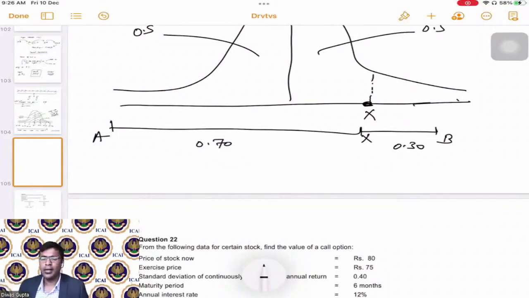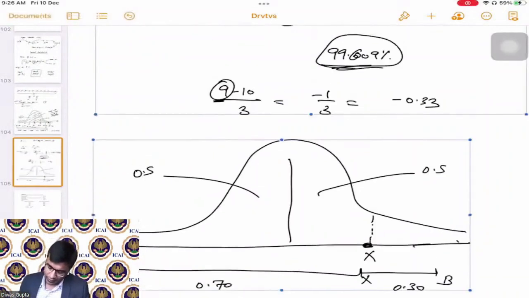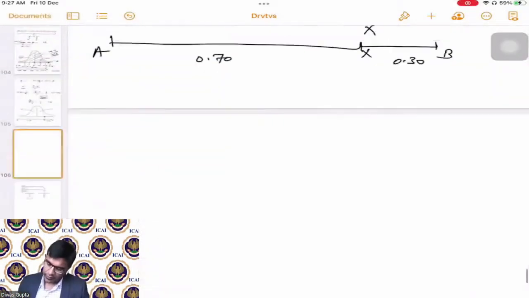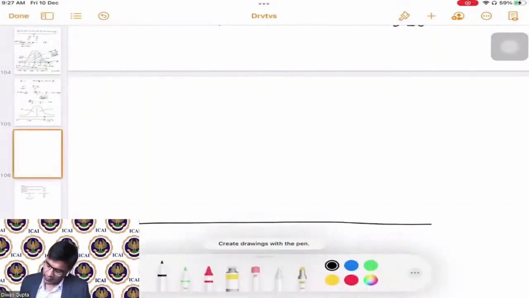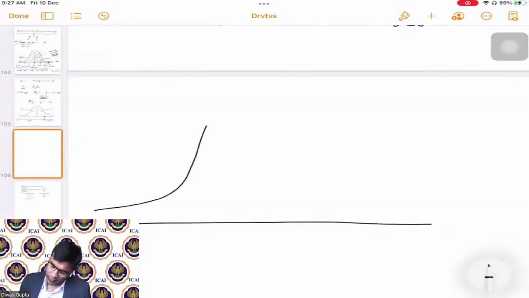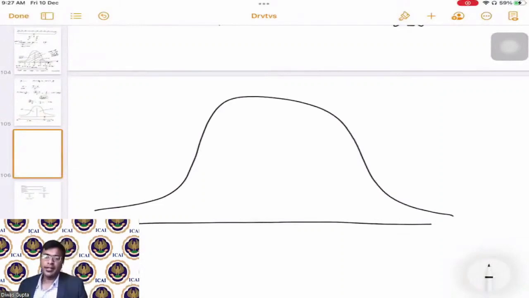Right is till B. Similarly, if the question says, okay, now let me take one more example here. There is another standard normal distribution table. This is the mean value.